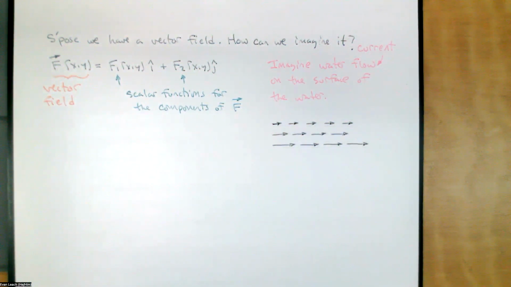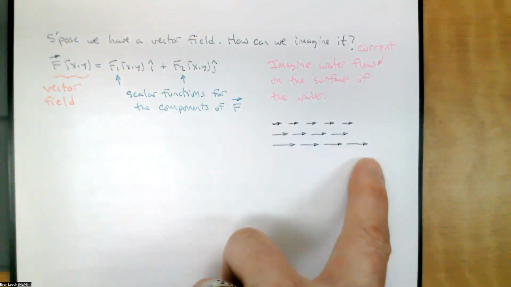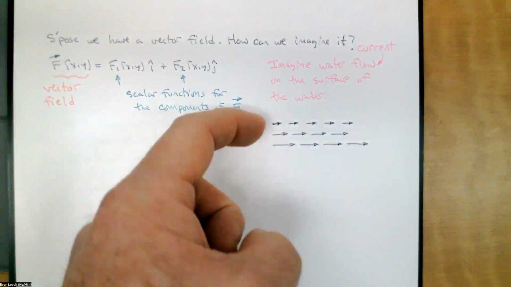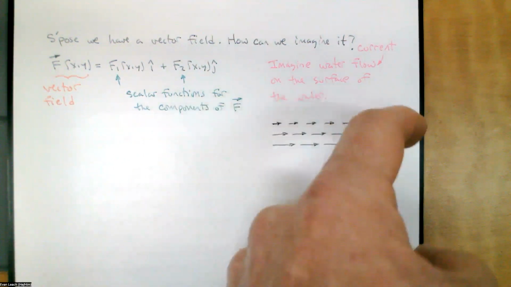So here we would see a river where all the water is flowing in the same direction, but we have faster currents down here and slower currents along this part.